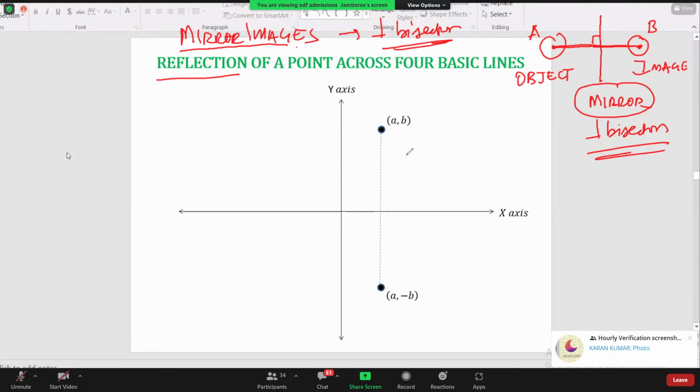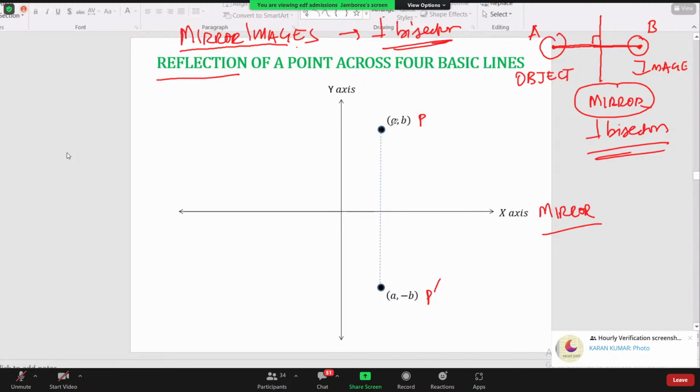Now, if let's say P is the object having the coordinates A comma B, and let's say the x-axis is acting as the mirror. So the reflection of this point P along the x-axis will be P dash, and the coordinates out here will have the same magnitude as A comma B only. The signs will be applied according to the quadrant.